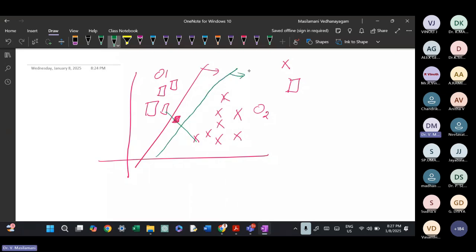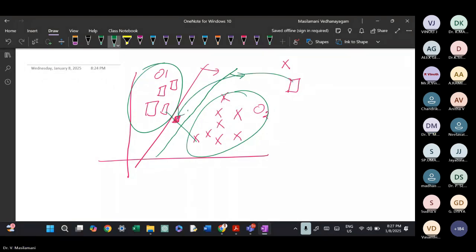Suppose this is your straight line separating this data from this data. Then when this comes during testing, that is classified correctly, right? So it is better to give a margin as much as possible, right?